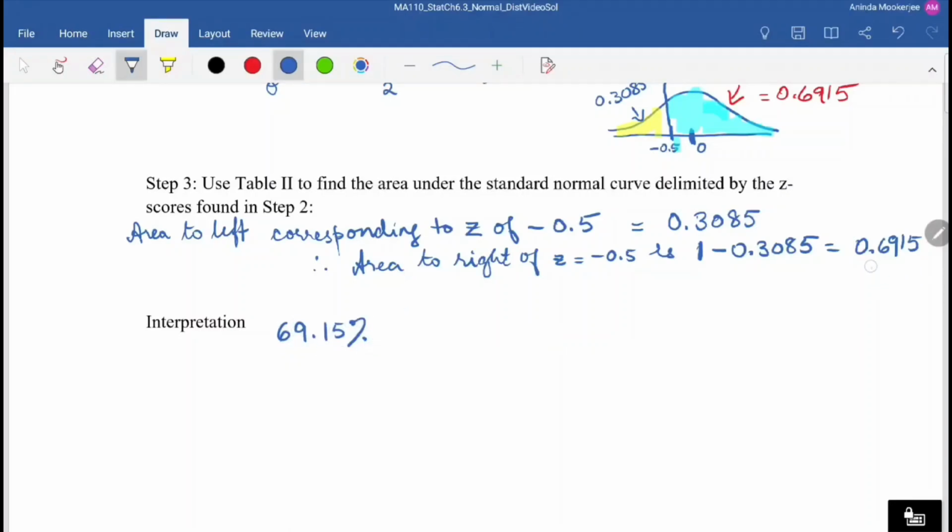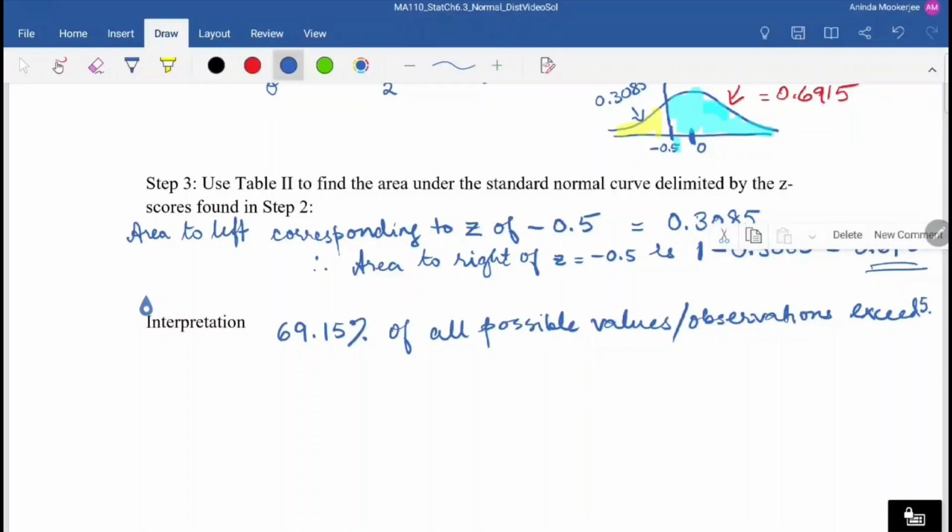You have to convert it to percentage because the question says what percent. That's what it asked us. 69.15% of all possible values, observations, exceed 5.